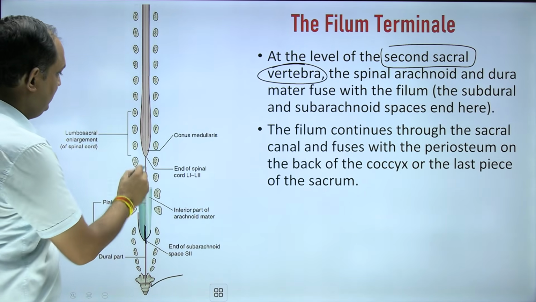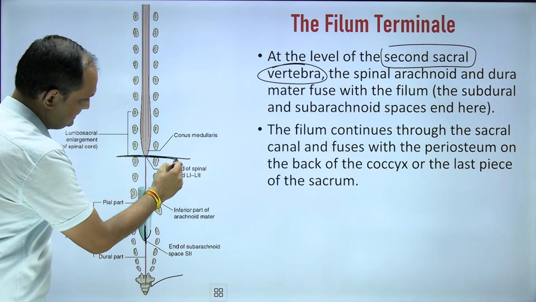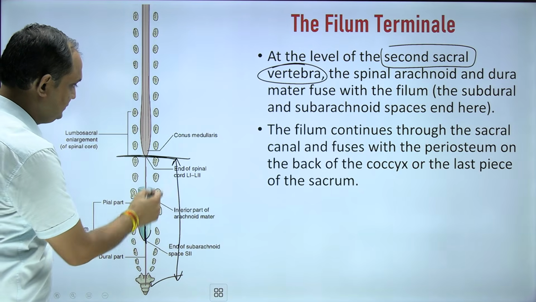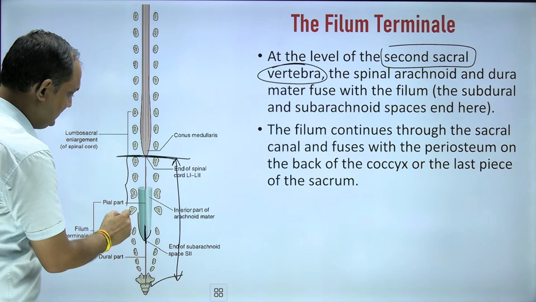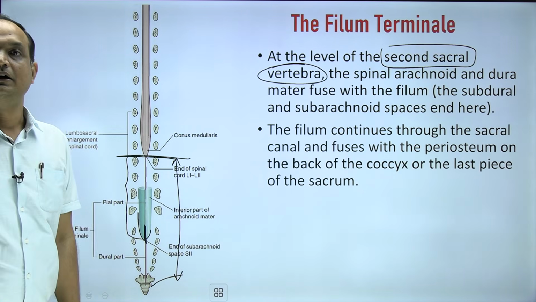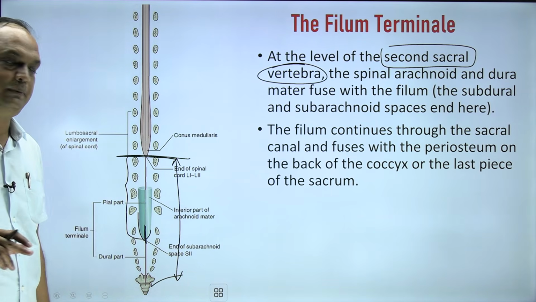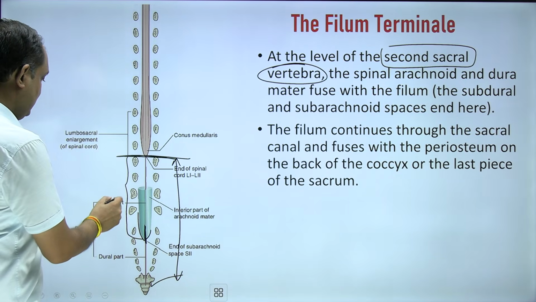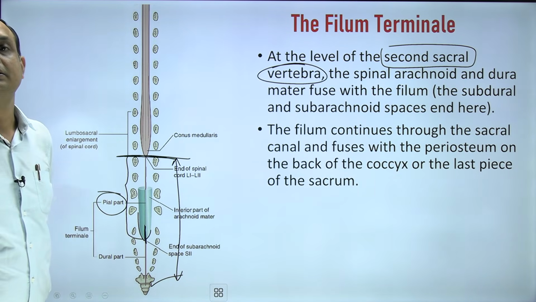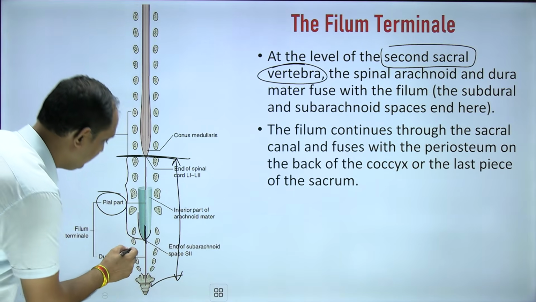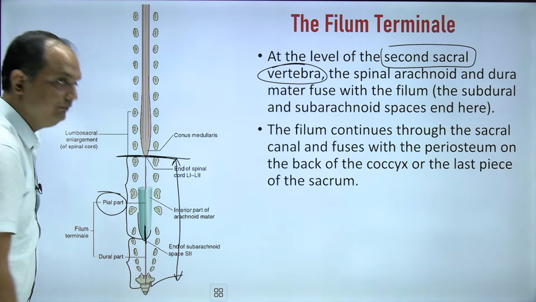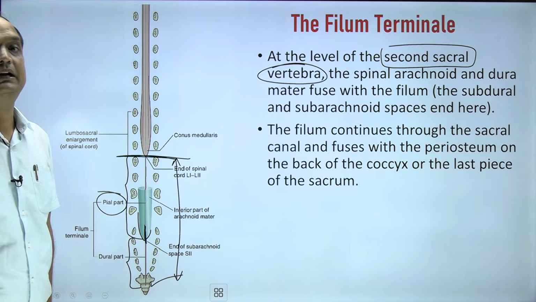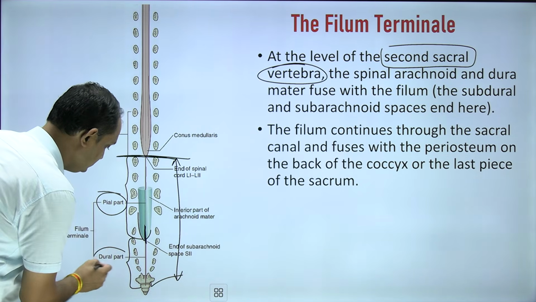Clear? So now you can see that this much is the filum terminale. Some books have a classification: the part of the filum which lies inside the dural sac and subarachnoid space is known as the filum terminale internum, or the pial part of the filum terminale. And the part which is outside the dural sac and subarachnoid space is known as the filum terminale externum, or the dural part.